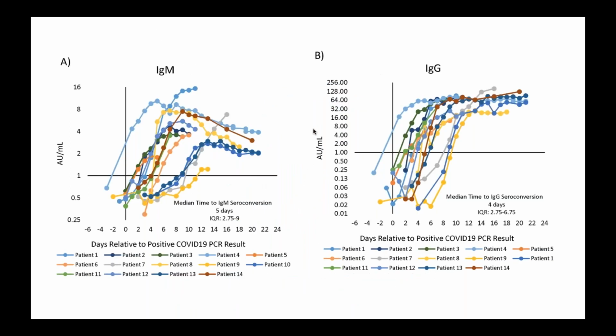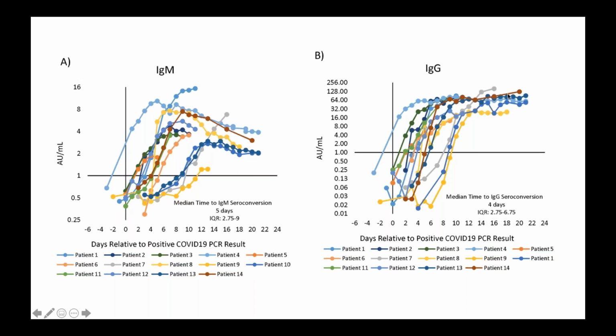And this is just looking at the curves side by side. So the take home overall is that there is individual variability in how quickly they generate antibodies, especially when it comes to IgM. But the main take home, supported by other studies, is that especially for IgG, the vast majority of symptomatic patients, as far as we know, tend to seroconvert, meaning they're positive for IgG antibody tests, usually by about 14 days.